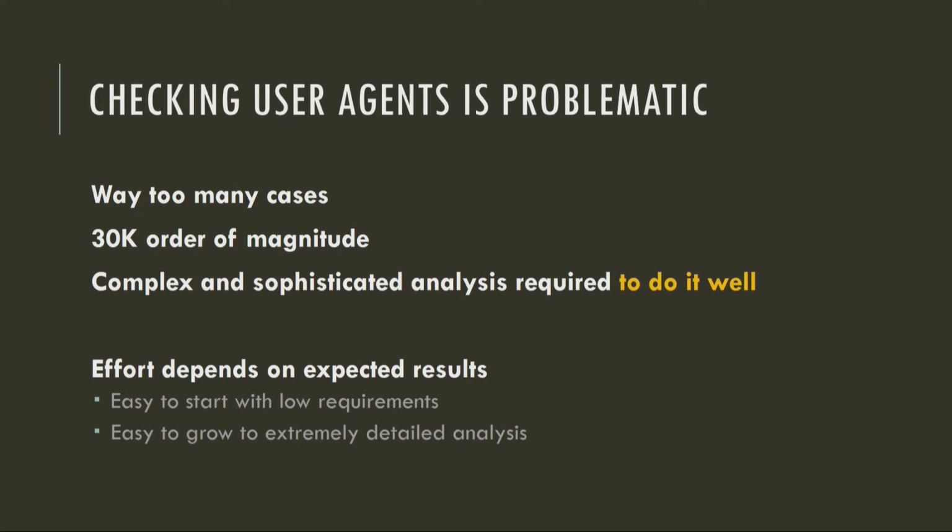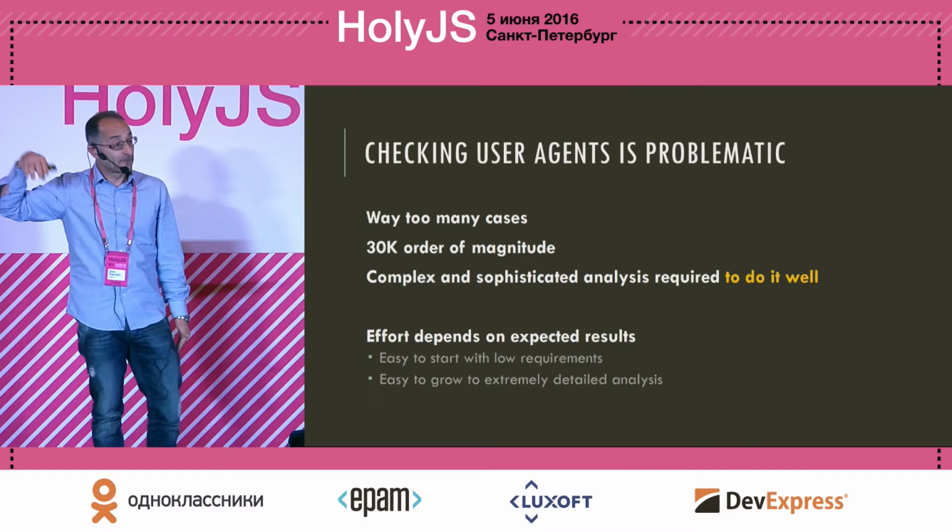Last time I checked, a couple of years ago, one of the most popular frameworks that provide client and server side device analysis had around 25,000 different user agent strings checked in their database, and that was 2 years ago. So I said 30K, but it could be even more. But that's a few tens of thousands. That's the order of magnitude for the different use cases.